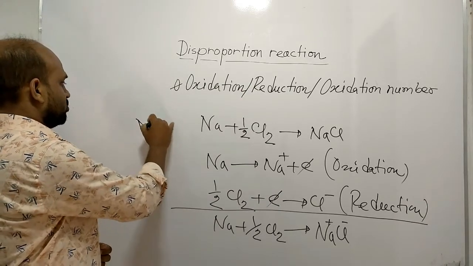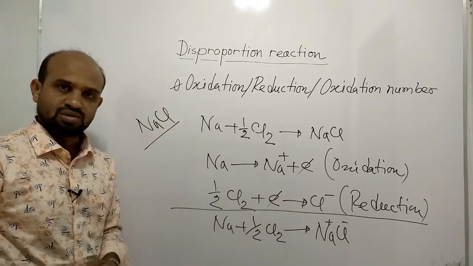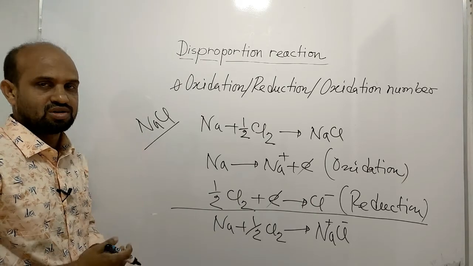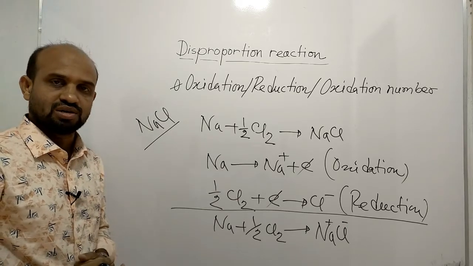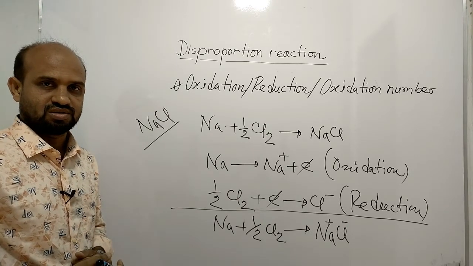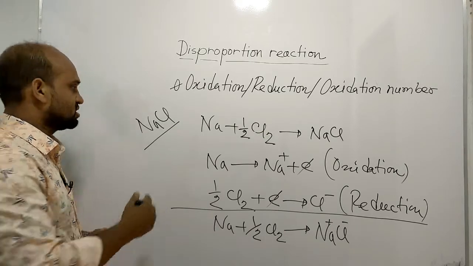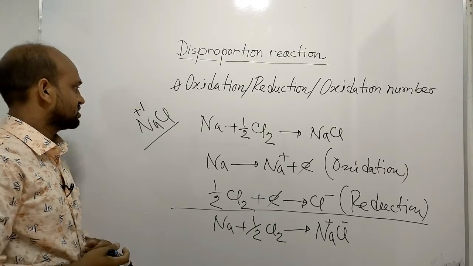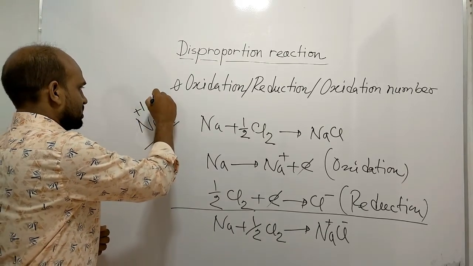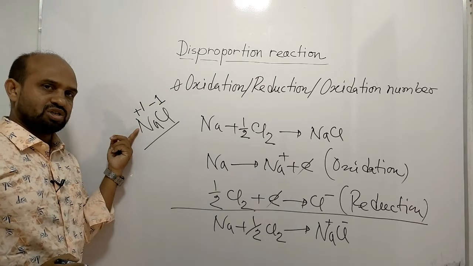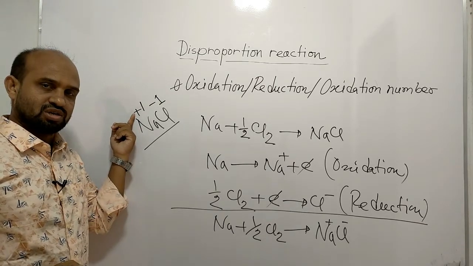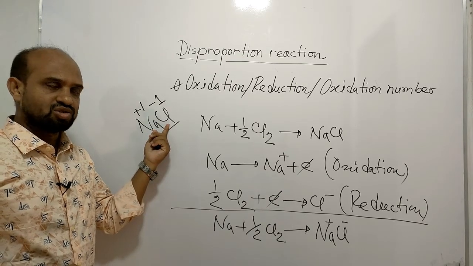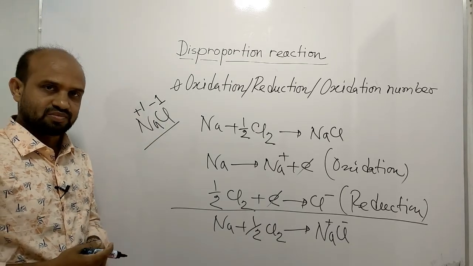So this is the molecule where sodium donates one electron and chlorine accepts that electron, and it is indicated like this at the top of the element and here at the top of the element. Sodium donates one electron, that's why +1, and chlorine accepts that electron, that is why -1.